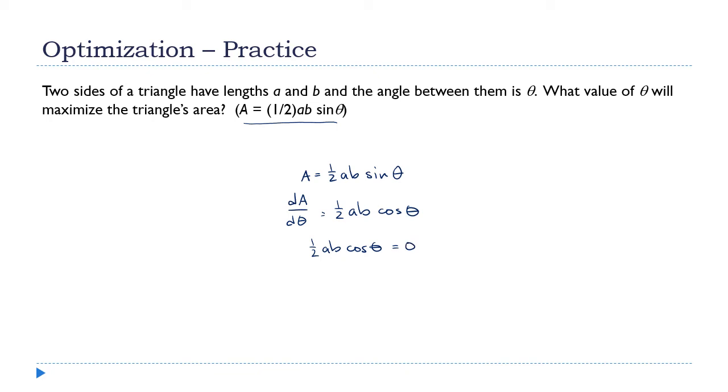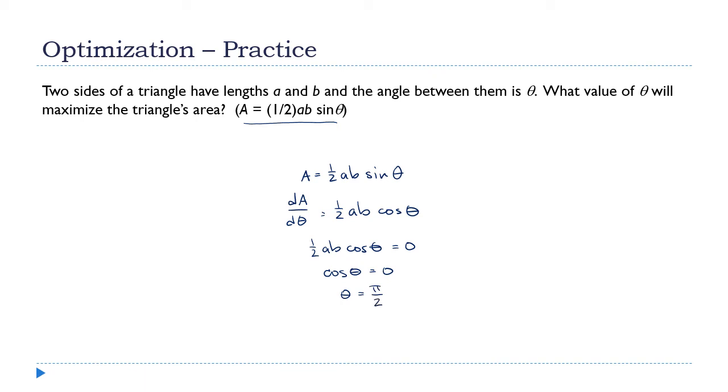Multiply both sides by 2 and divide both sides by AB. Cosine theta equals 0. When does that happen? Well, it happens when theta equals pi over 2.